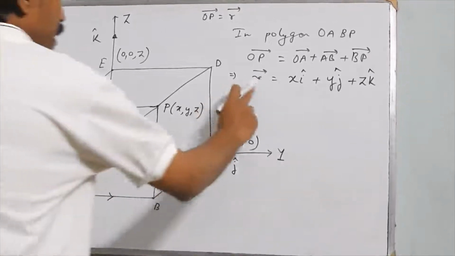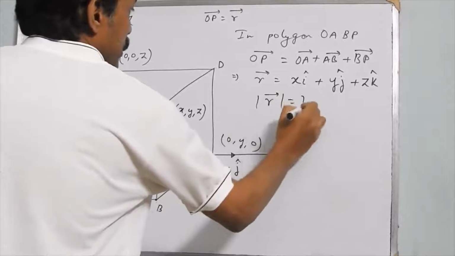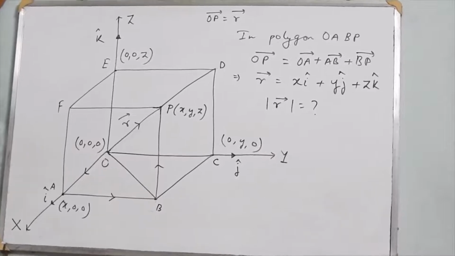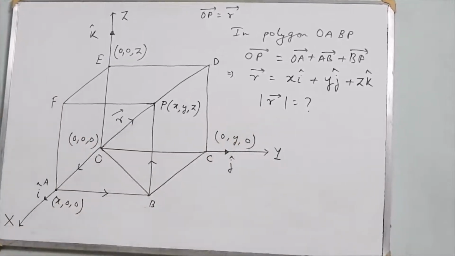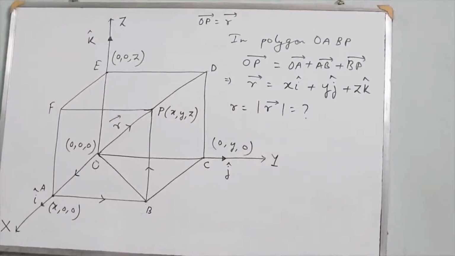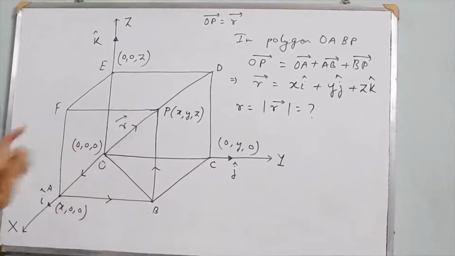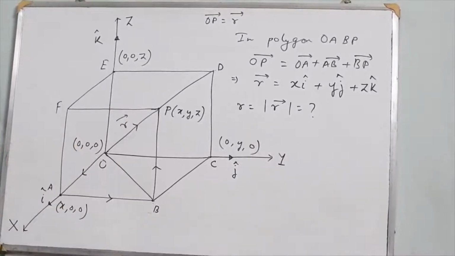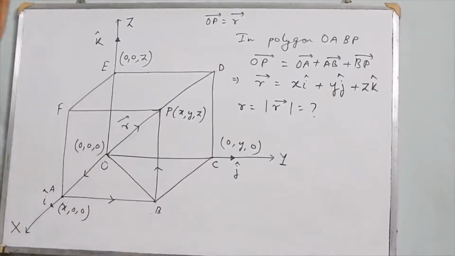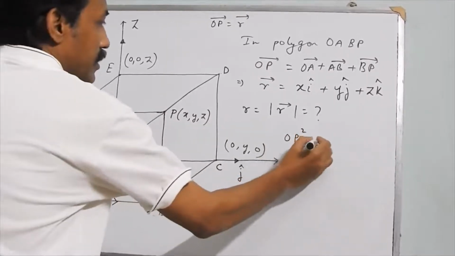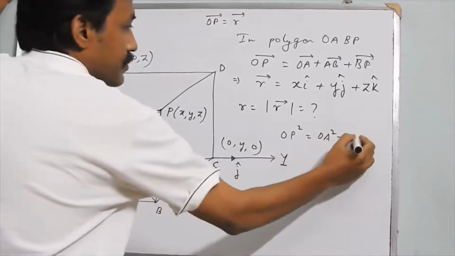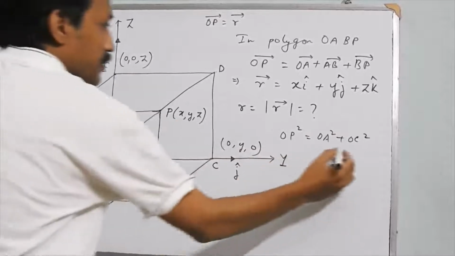Now if you want to find the magnitude of this position vector, refer to the cuboid again. R vector or magnitude of r, simply r, are the same here. If you realize the properties of the cuboid, you can easily say that OP square is equal to OA square plus OC square plus OE square.